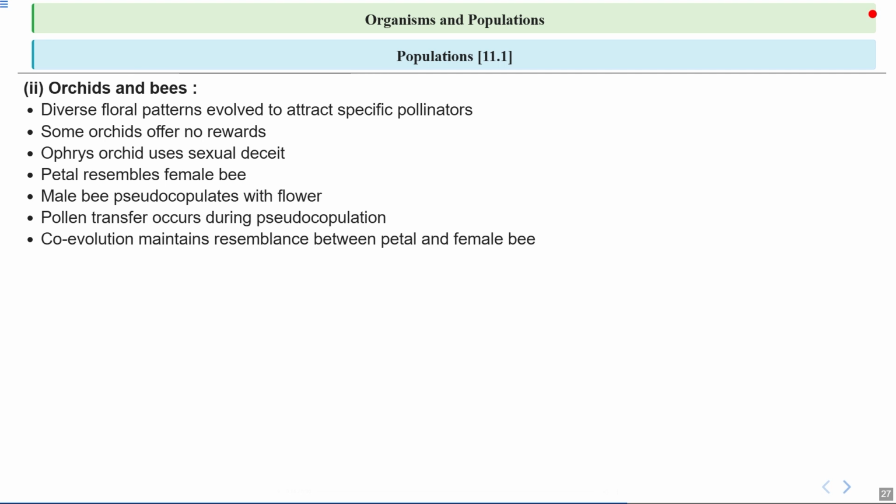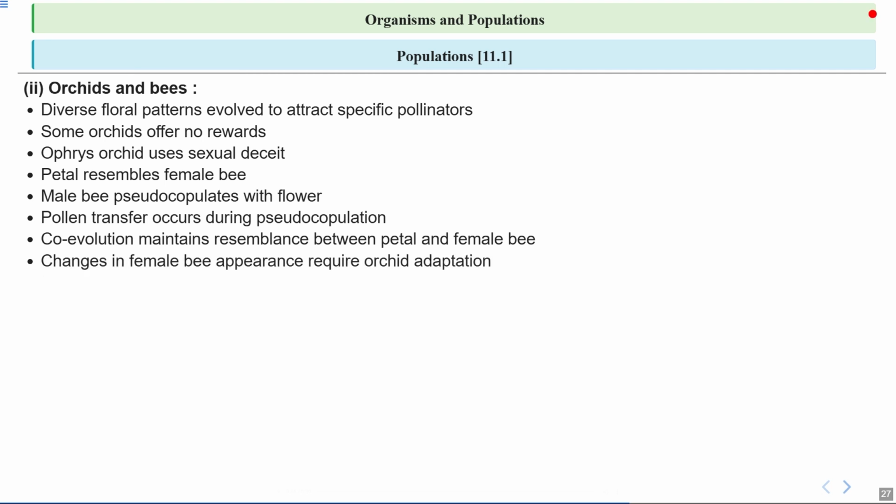Coevolution maintains resemblance between petals and the female bee. Because of this coevolution, the orchid petals still resemble female bees. This is the classical example of how two species are influencing each other's evolution over many generations.